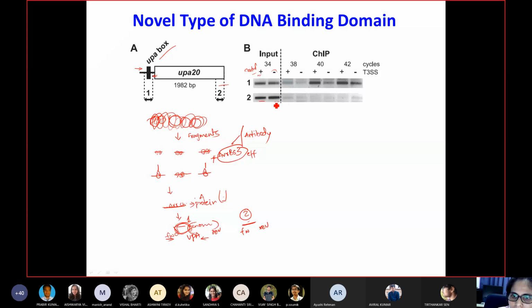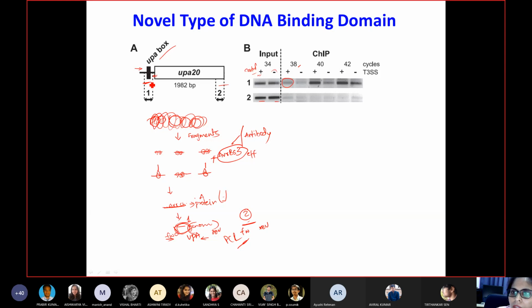So here, after forward and reverse direction, you do PCR, and in the PCR you amplify the genes. Here what you see, after 38 cycles you get certain sequences which are significant for the UPA box, whereas after 40 cycles it is prominent, whereas the negative is without any transfection.